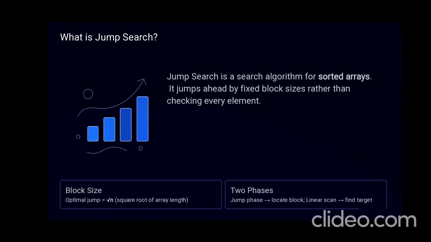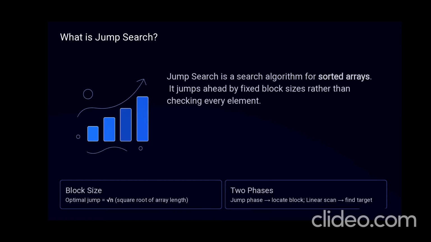Jump search is a searching algorithm designed for sorted arrays. Instead of checking every element, it jumps ahead by fixed intervals. The optimal jump size is the square root of the number of elements, represented as √n.